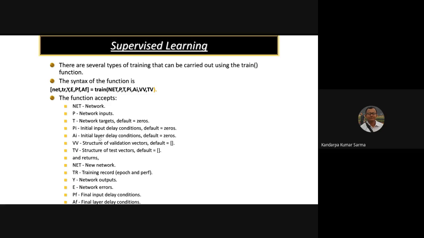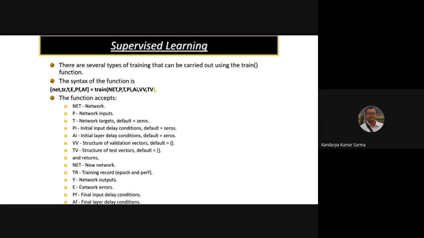I shall speak about the delays later on while we speak about the dynamic types of ANN. Then I shall speak about why we need the delays. Here in our case, we are not dealing with the delays, therefore we have not shown the delay part. Sometimes you have lots of data, therefore you want certain validation checks, so you need to have the validation vectors. Then you can have some test vector structures too.